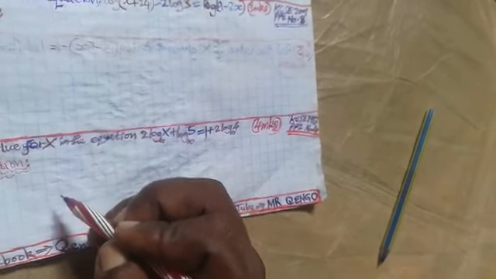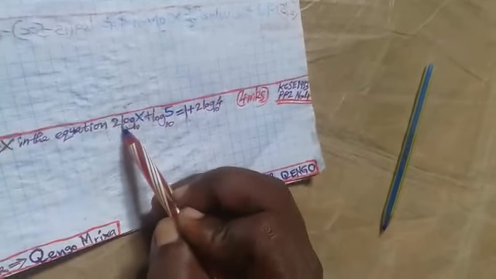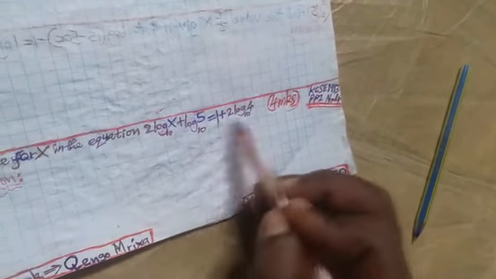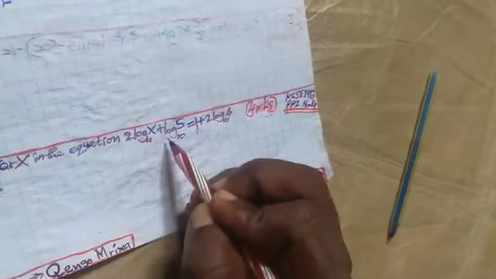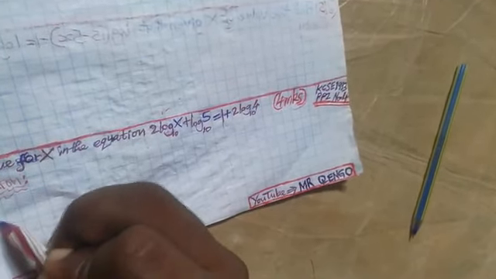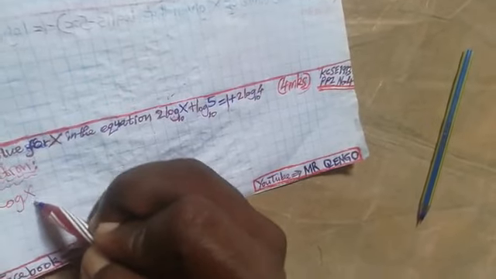Question number 2, because we can see that it's 2 log, both sides should start with log here. We are going to apply the power rule in 2 log x base 10.